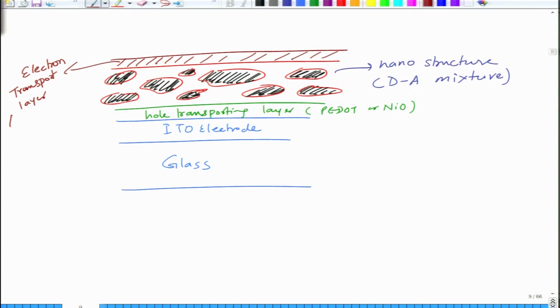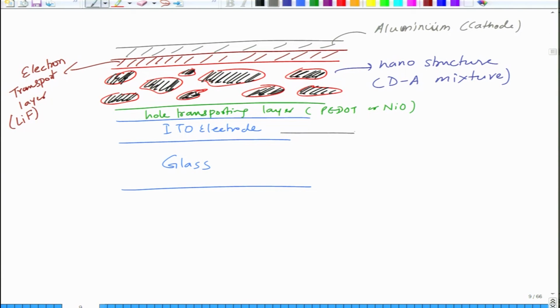So, this could be something like lithium fluoride, and then on top we have an electrode which is aluminum. So, in this case aluminum acts as a cathode where electrons are collected, ITO acts as an anode where holes are collected, and the donor acceptor junction is separated by two carrier selective layers.